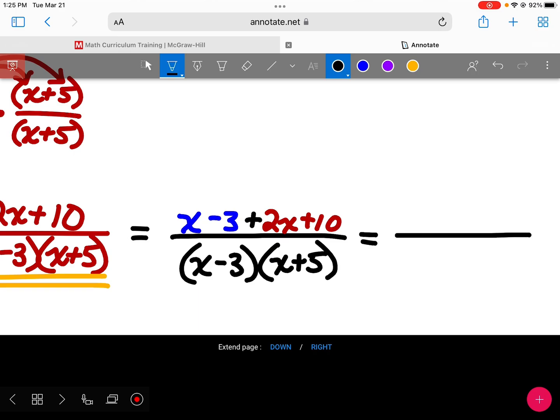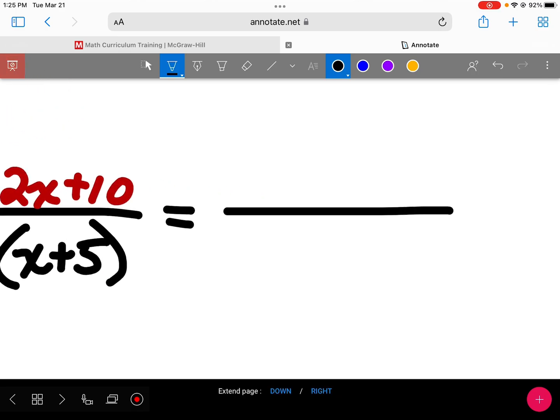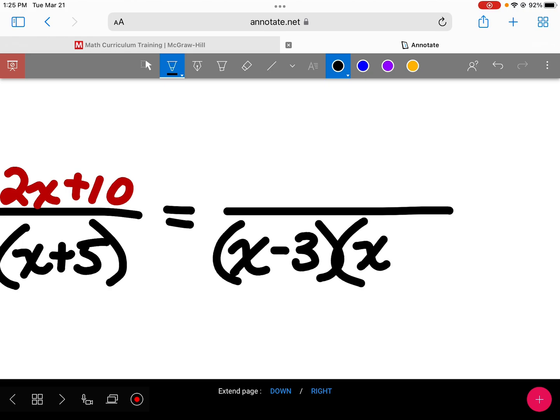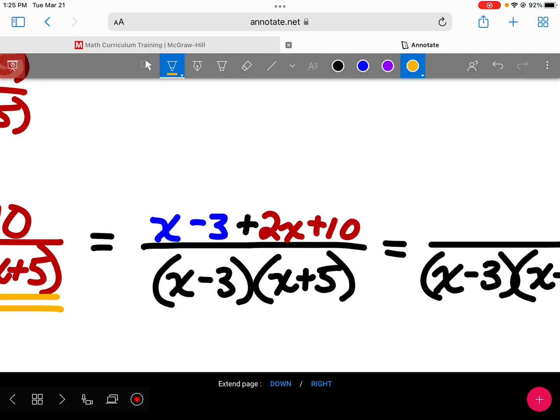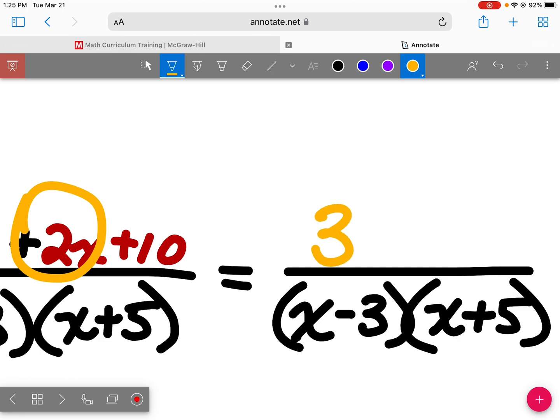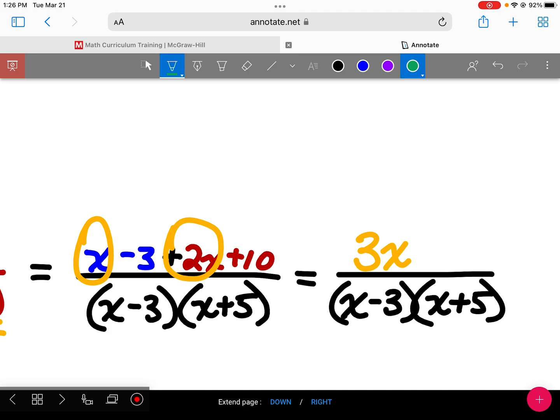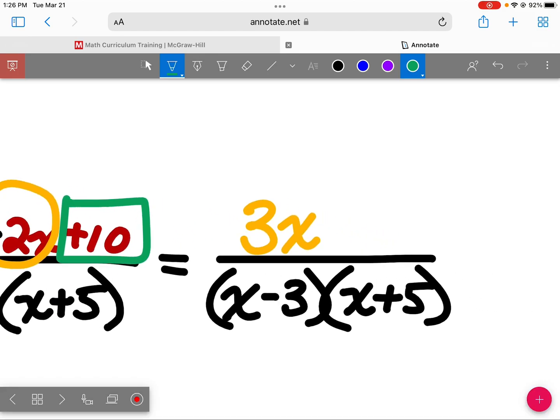Last thing I need to do before I check to see if it simplifies is combine any like terms there are in the numerator. Do we have any like terms? X and 2x. What do I get when I combine x and 2x together? 3x. Any other like terms? Negative 3 and 10. What do I get when I do negative 3 plus 10? Plus 7.